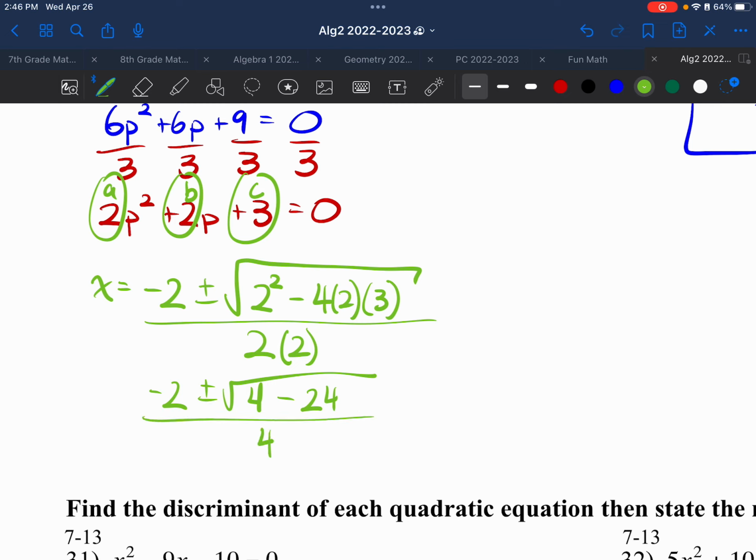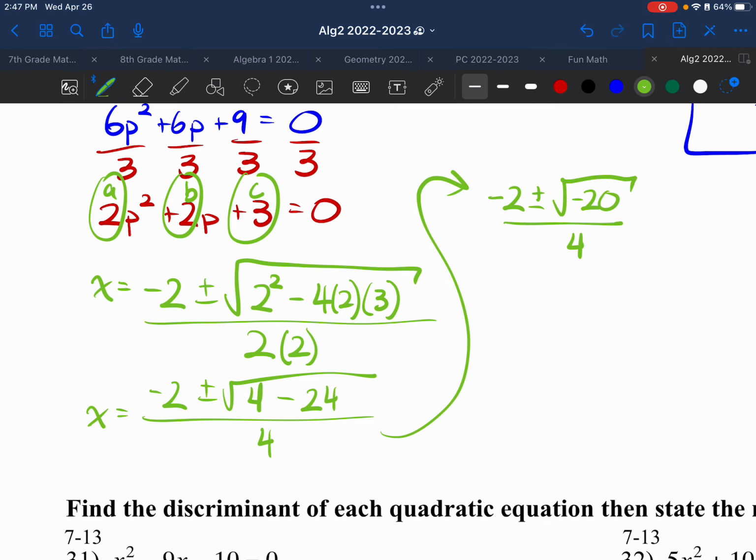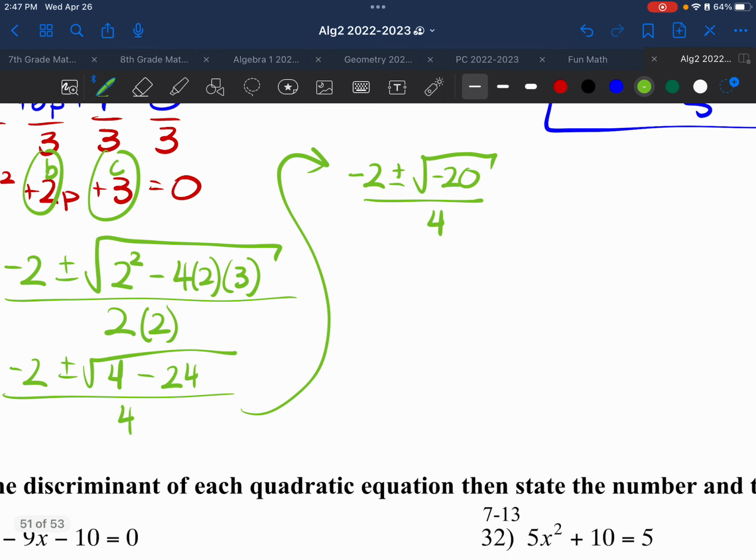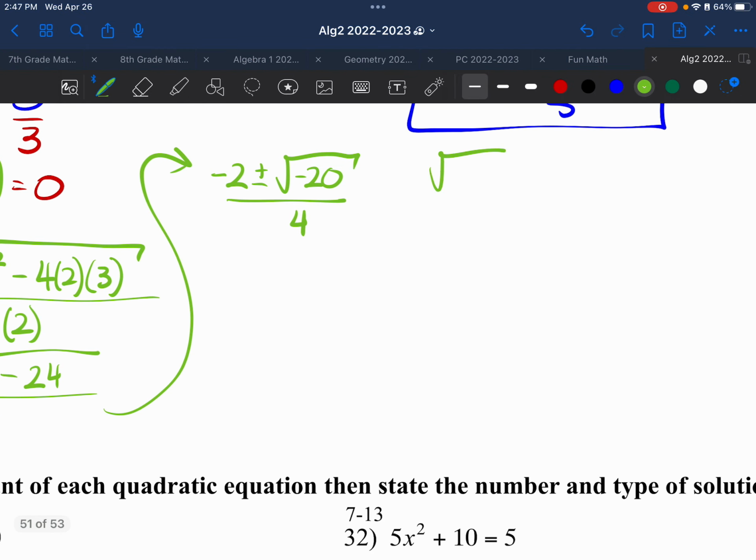And from here, I have this is equal to x. From here, I can say this is going to be negative 2 plus or minus the square root of negative 20 all over 4. And from here, let me think. Square root of negative 20. First of all, that's going to turn into an i square root of 20.